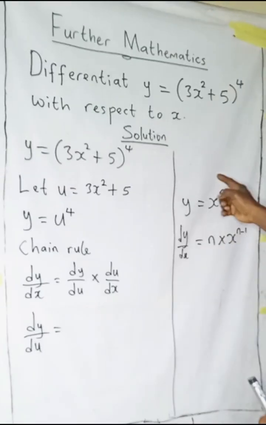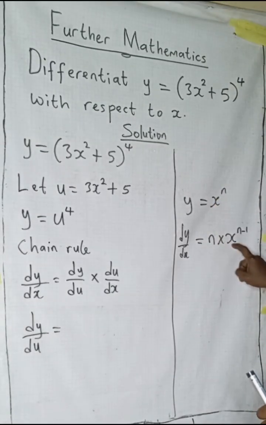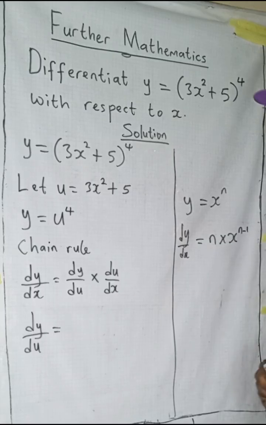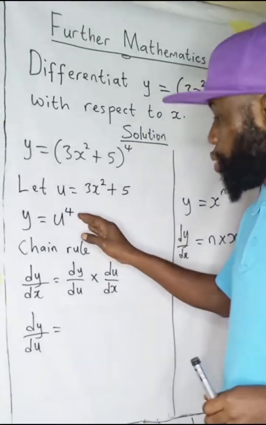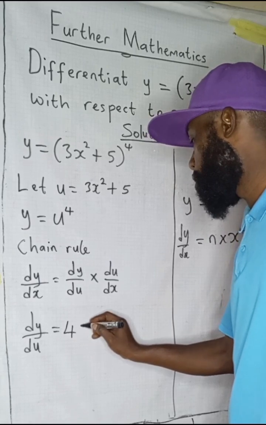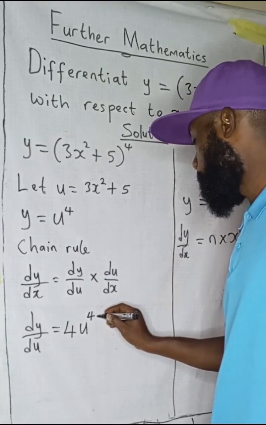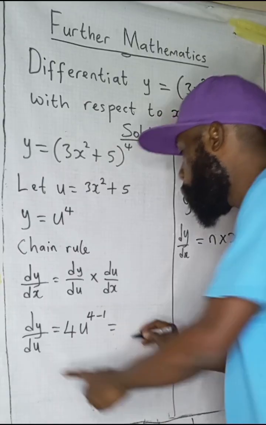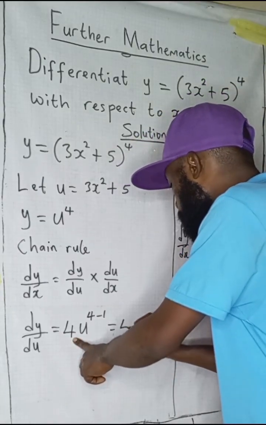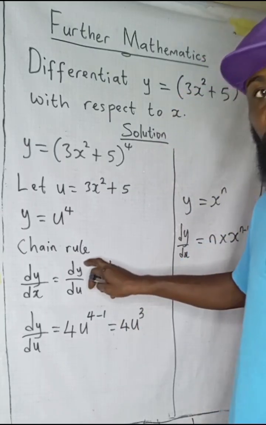The n will come down to multiply the x, but the same x has the power of n minus 1. So if we apply it here to find dy/du, the 4 will come down to multiply the u, but the u will still have the power of 4 minus 1. So finally dy/du is just 4u to the power 3. So we found dy/du.